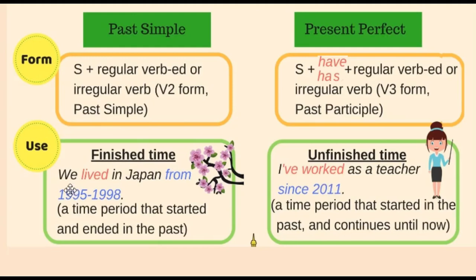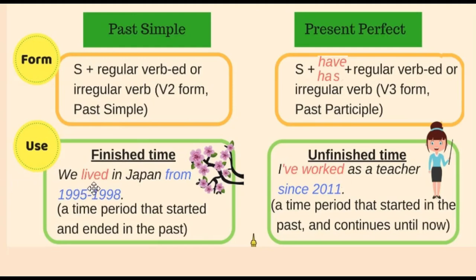Звичайно, це ми маємо правильні глаголи, тому вони мають однакову другу і третю форму. Lived, lived, and worked. Якщо було б дієслово неправильне, наприклад, бачити, see, друга форма була б saw, і третя форма seen.